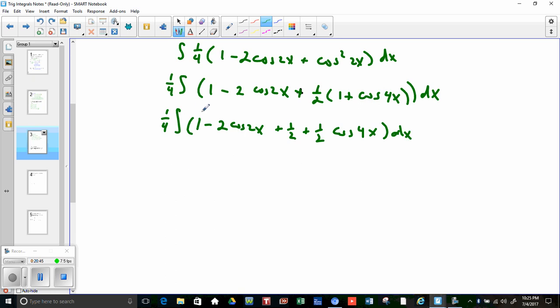All right. To make it a little bit easier, I'm going to combine these constants. 1 plus 1/2 here is 3/2, minus 2 cosine 2x plus 1/2 cosine 4x, dx.